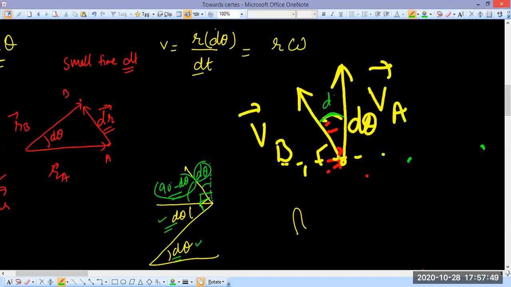This angle is also d theta. Okay, so now if I would join these two vectors, like I make one more vector like this. So do you agree that this vector should be called delta V? Kem delta V? Delta matlab difference, final velocity minus initial velocity. Clear?